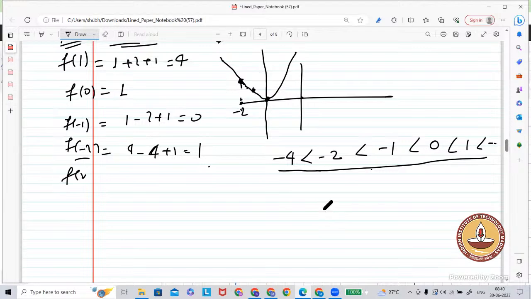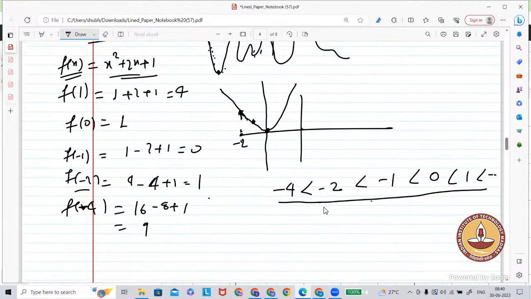Suppose f(x) at minus 4: you will get 16 minus 8 plus 1, which is 9. See what is happening. This minus 4 is lesser than minus 2.